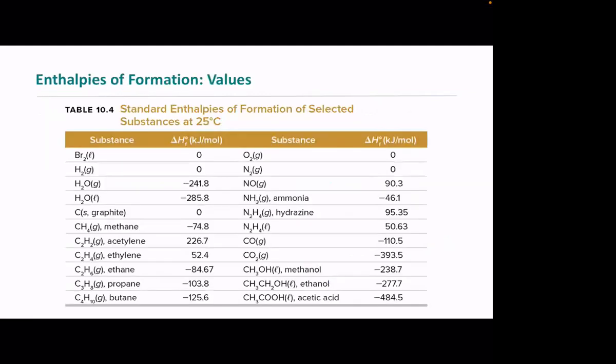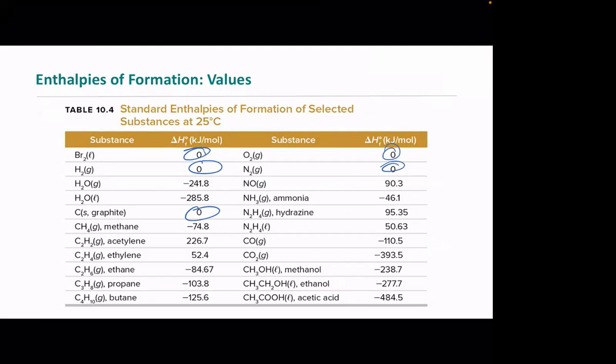So when you see these standard enthalpies of formation of selected substances, obviously anything that's an element already will have values of 0. Lots of times they're even omitted from the tables. In this table they're showing it to you, but lots of times they're omitted because everybody knows they're 0.